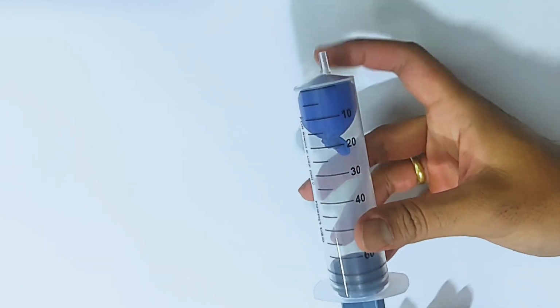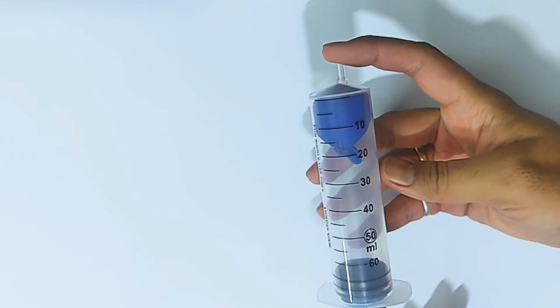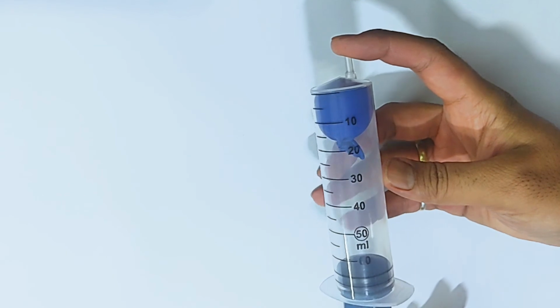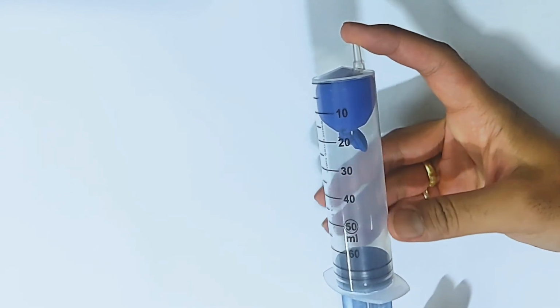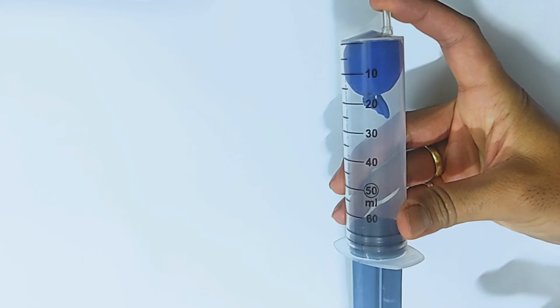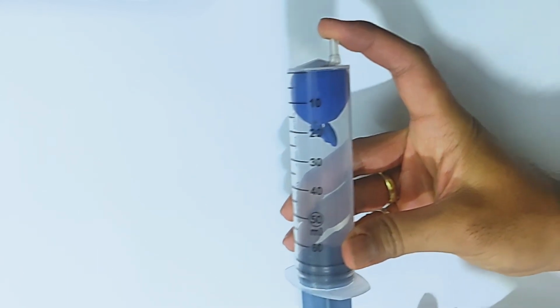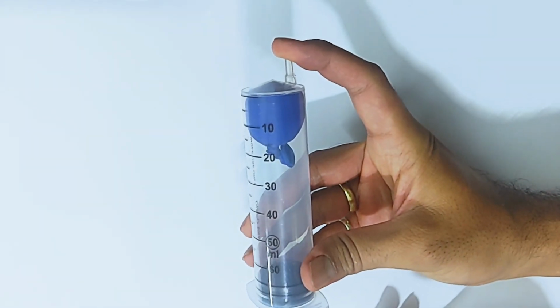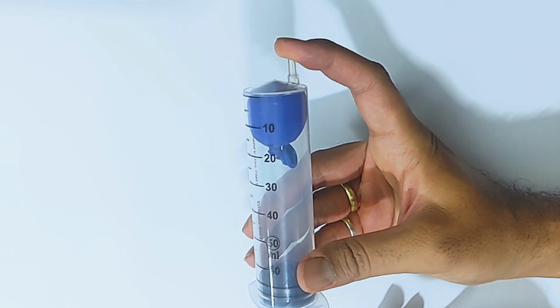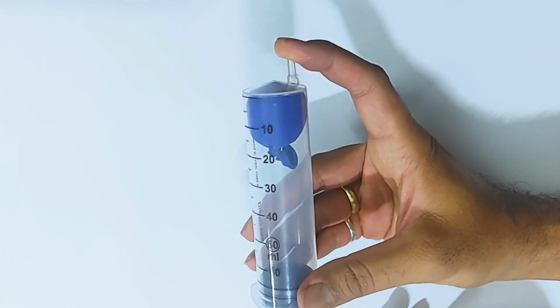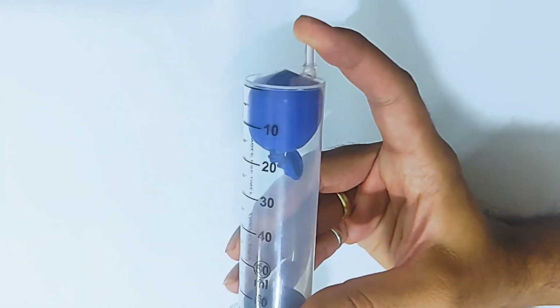Now close the tip of the syringe. As soon as I start pushing the piston inside, the air inside the syringe will start compressing, and we will observe what happens with the volume of the balloon. So let's start compressing it.